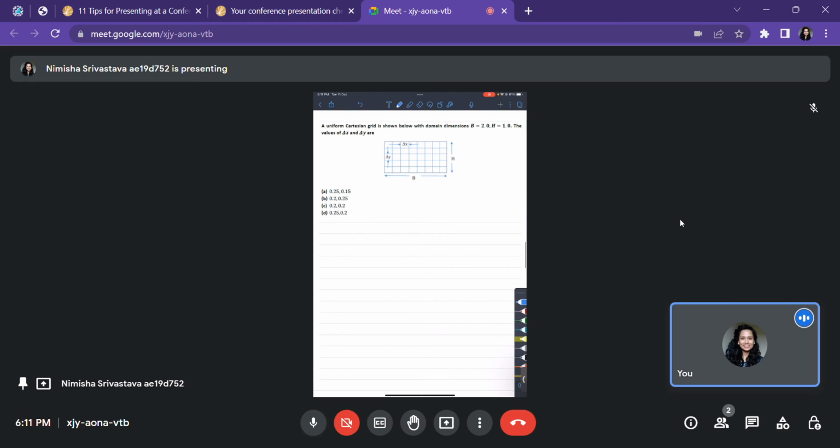The next question is about a uniform Cartesian grid. Let's see what it tells us. A uniform Cartesian grid is shown below with the domain dimensions b equals 2 and h equals 1. The values of delta x and delta y are. We can see over here that it's a uniform type of mesh. There's no biasing or difference in the cell sizes anywhere.